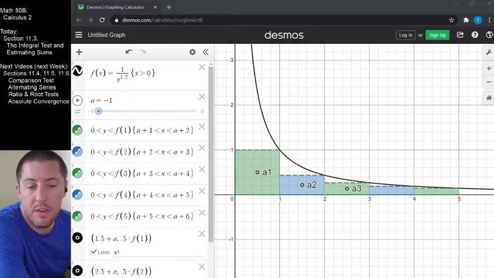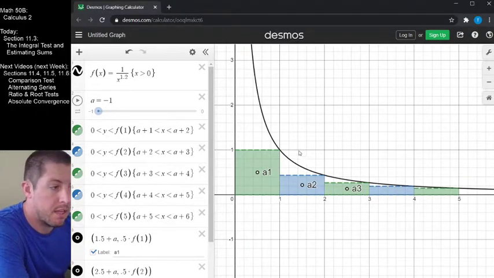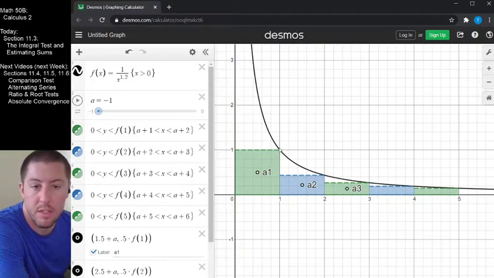So in this case, it seems like the integral from 1 to infinity is clearly going to be more than the value of the series going from 1 to infinity, because I can see that the black curve is clearly above the rectangles right here. So we're starting at 1 and going off to infinity, and I'm seeing we're clearly getting a larger overall value from the integral than we're actually getting from the series.